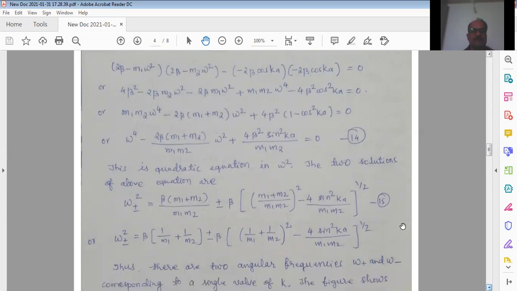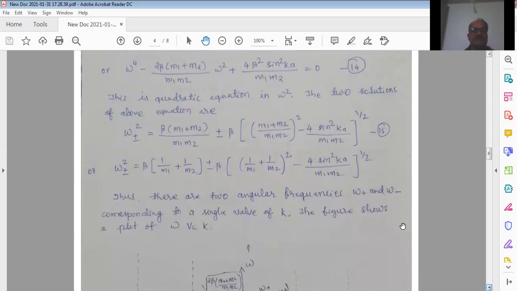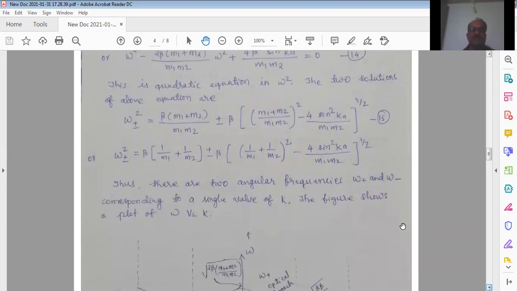As you know, the quadratic equation has two solutions. The two solutions of this quadratic equation are omega plus or minus square, and as you know, the formula for a quadratic equation is minus b plus or minus root of b square minus 4ac, whole divided by 2a. That is the formula used to get the solution of a quadratic equation.